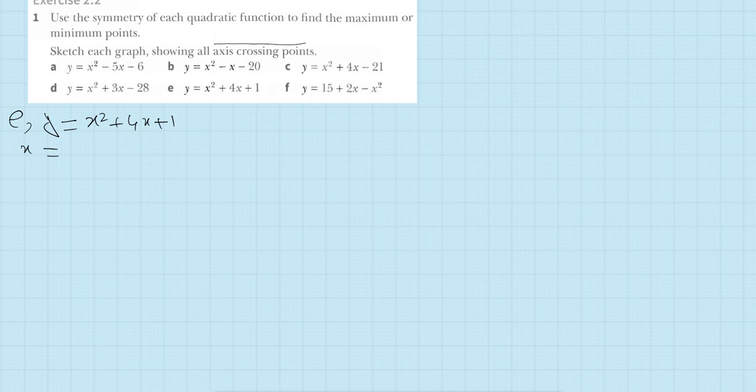The first step is to put x is equal to 0. So y is equal to 0 square plus 4 into 0 plus 1.